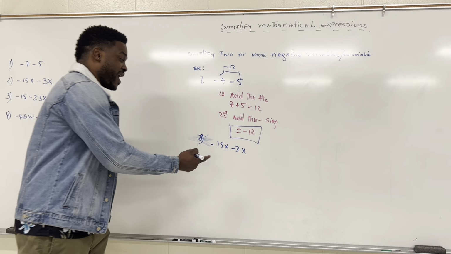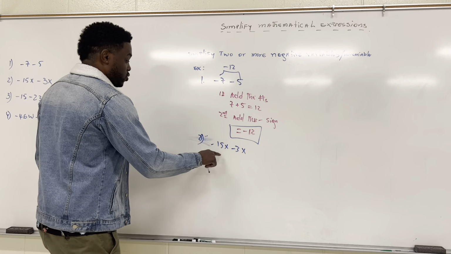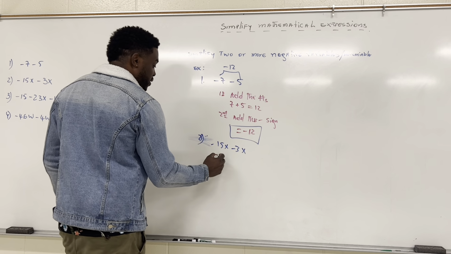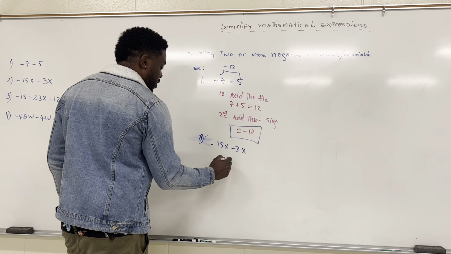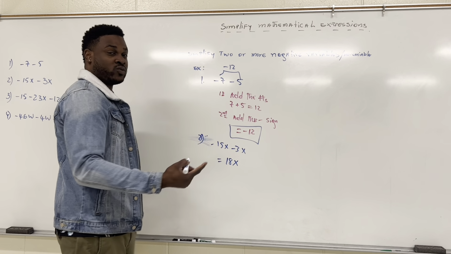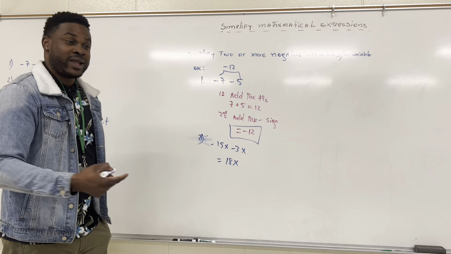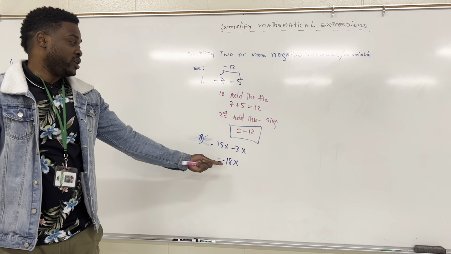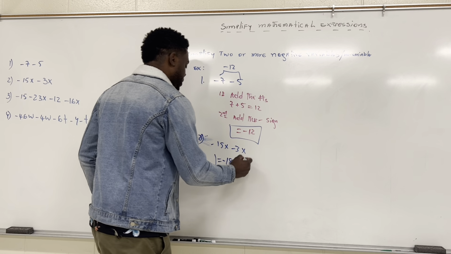So 15x plus 3x gives us 18x. And remember, whenever we see two negative signs, you add the numbers and keep the negative sign. So the answer is negative 18x.